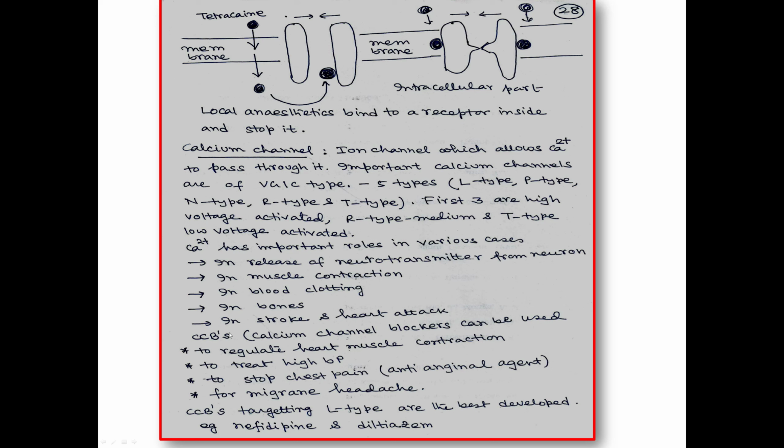These calcium channel blockers usually target the L type, and the medicines targeting the L type are very well developed and very popular in the market. The two examples in our syllabus are nifedipine and diltiazem.